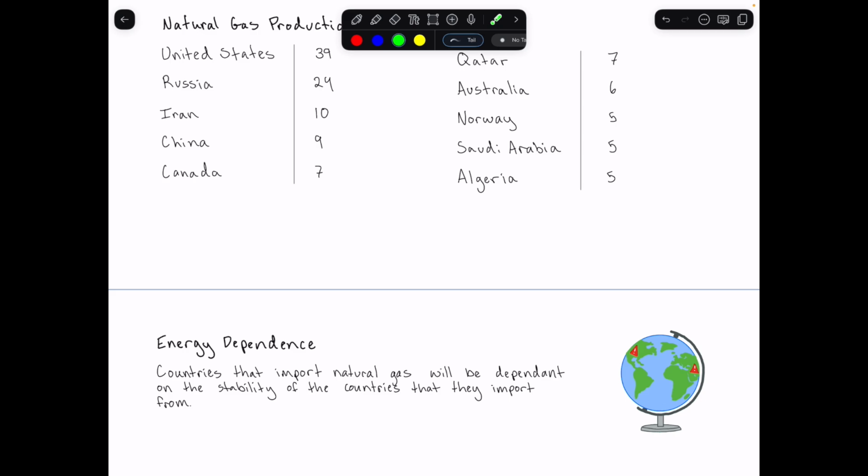So any geopolitical conflicts, trade disputes, export restrictions, or disruptions to pipeline infrastructure significantly affect the fuel availability and the prices of natural gas, which can be generally a security concern for countries.